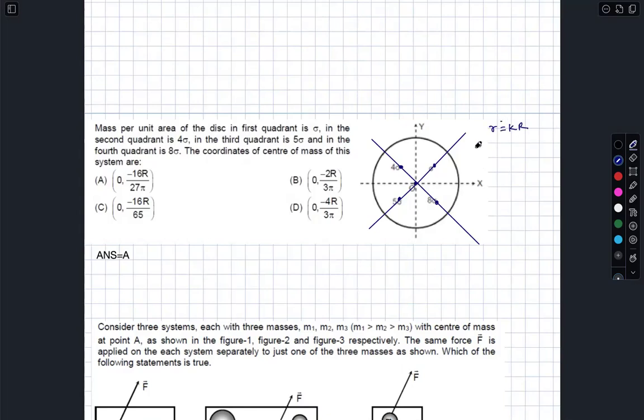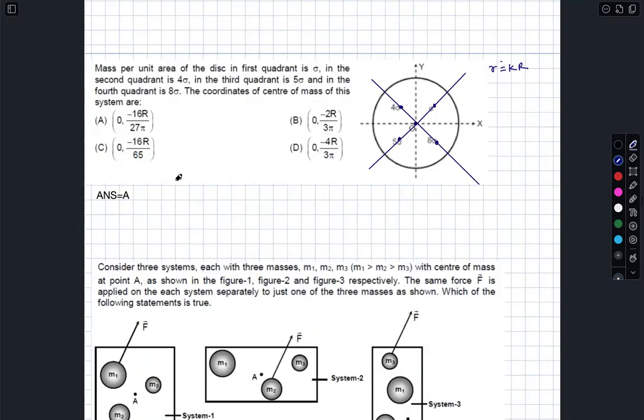Now I'll write the terms like this. M1, each sector area we will take as A units, is sigma A. X1 is K by root 2 R, Y1 is K by root 2 R. First part is done.